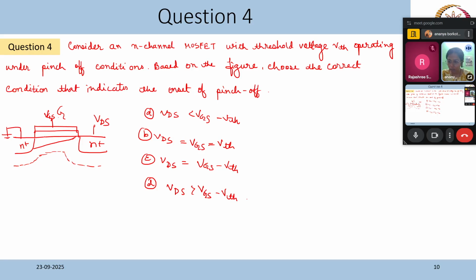So this figure is saying that this is the onset of pinch off. Okay, so what is the condition? We already know this. The question is the onset of pinch off. The channel becomes 0 here. So the correct condition for that is VDS equal to VGS minus VTH. In that case, our inversion charge will be 0 at that point.